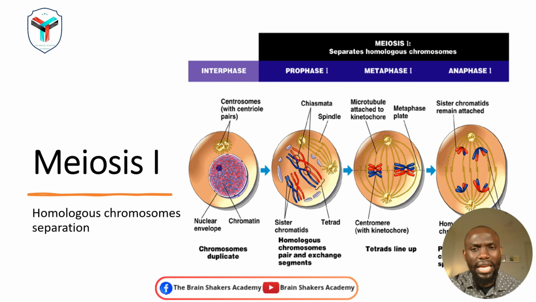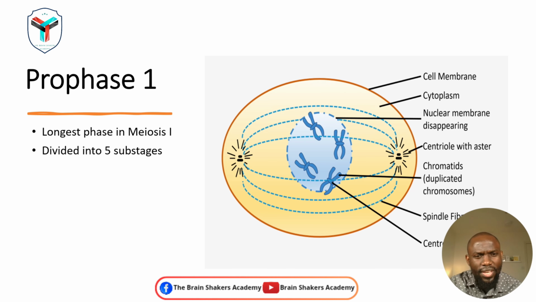Now, let us look at the individual phases of meiosis 1 in detail. In prophase 1, which is considered the longest phase in meiosis 1, prophase 1 is divided into five sub-phases. What happens in prophase 1 is similar to what happens in prophase under mitosis.